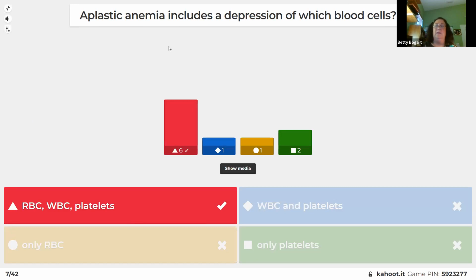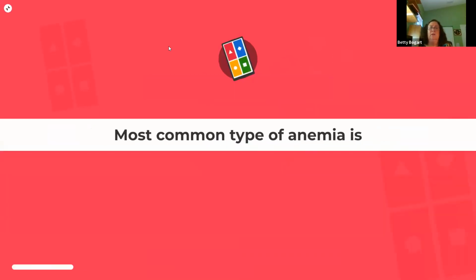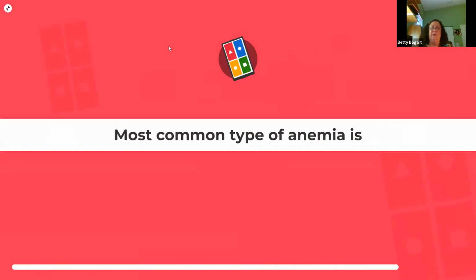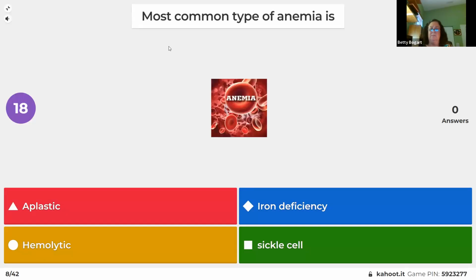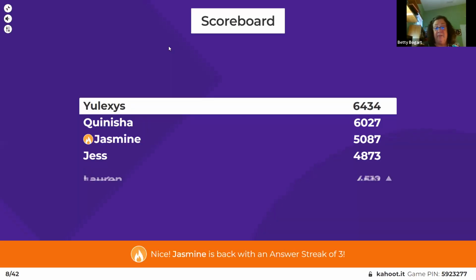We're going to be giving blood transfusions. Most common type of anemia is iron deficient anemia. Yes, it is. And it's easily correctable, right? Just nutrition or vitamins.